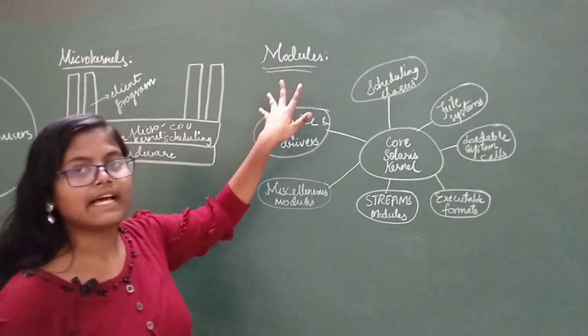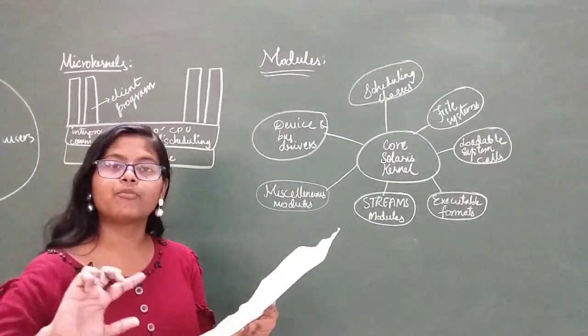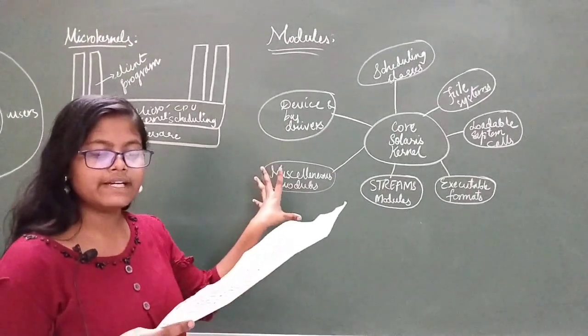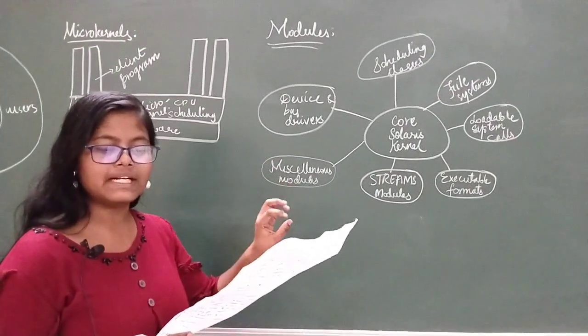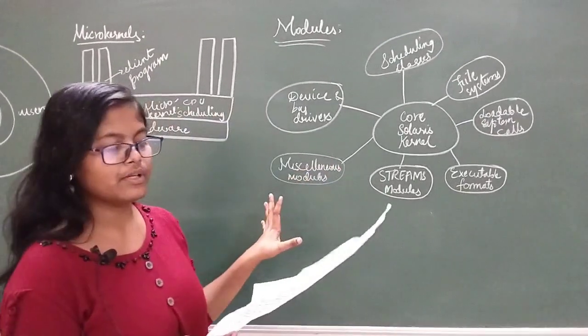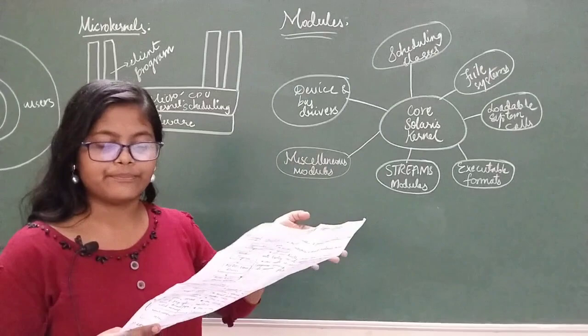It is said that modules are a combo of both the layered approach and the microkernel approach. If a service is required, then a module is loaded during compile time or runtime.